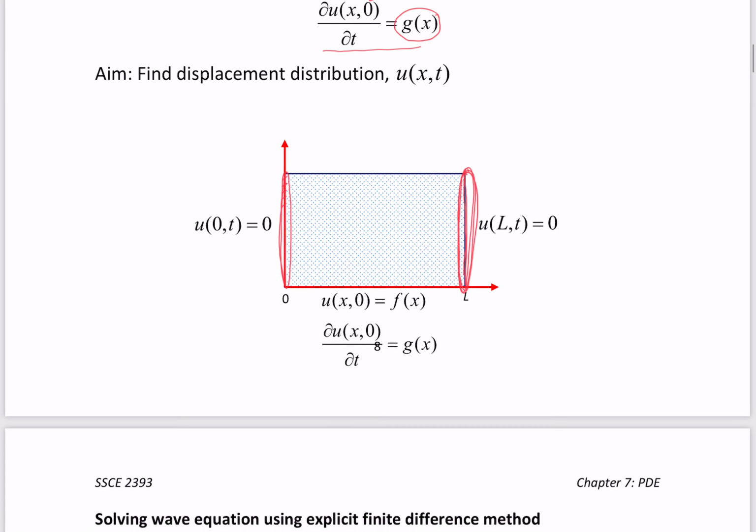And we also have an initial condition down here, because this one is at t equal to 0, equal to a function f. And we also have an initial velocity, which is partial u partial t equal to g(x). So this is in general our wave equation.